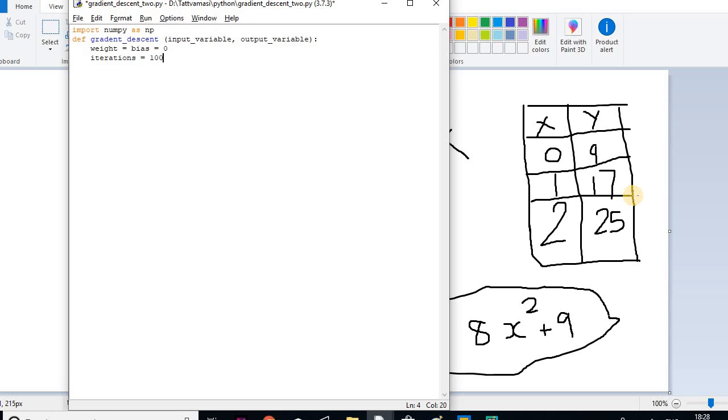We are running this program in a Python shell only. You can run it in PyCharm or Jupyter Notebook, anywhere you can run it. So the iterations I have taken as 1000.